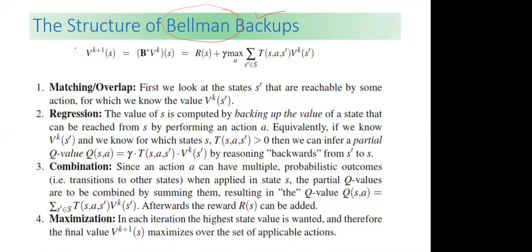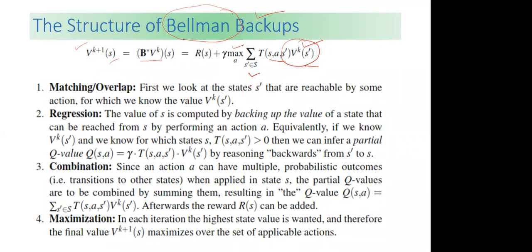In Bellman's equation, we start with V at k plus 1 and s. We take the multiplication and go for the max, and the new states are found depending on the value of Vk that we have put down. All of this is represented in the structure of the Bellman backups, where the matching overlap occurs.